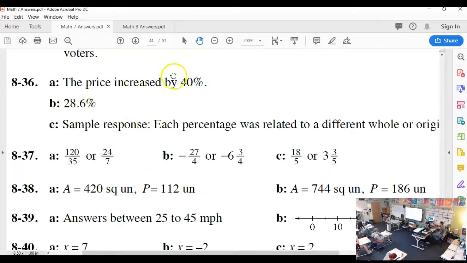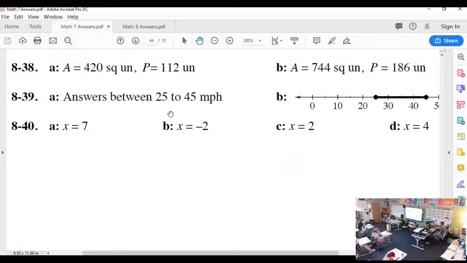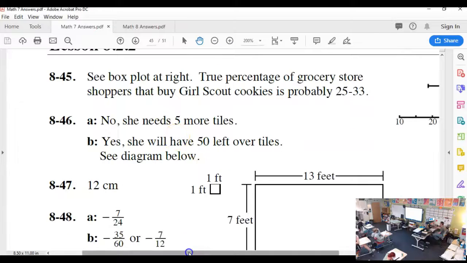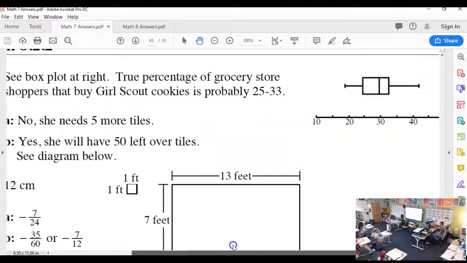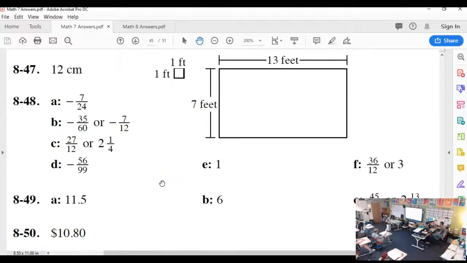And then price increase versus decrease. Remember, we talked in class about an increase versus a decrease is not going to be equal. So there's your answers for 8-2-1, and I only selected a few of those problems. And then 8-2-2, so you got a box plot that you'll be making on graph paper. I think I included that one.